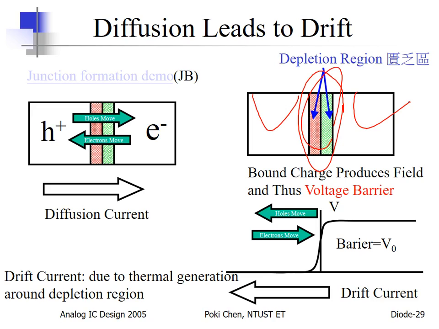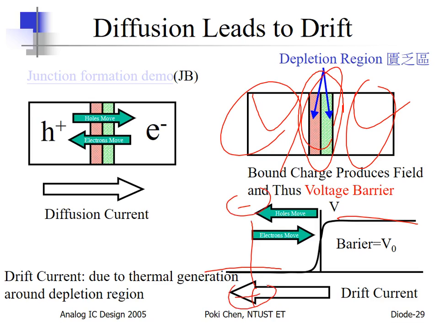What will happen to the free electrons and free holes generated over there? On average, nothing happens. Why? Because it is flat. After generation, there is no trend for you to go right or left. So on average, no movement.